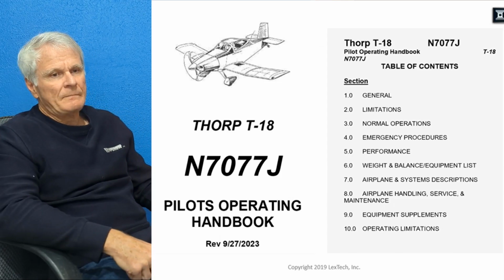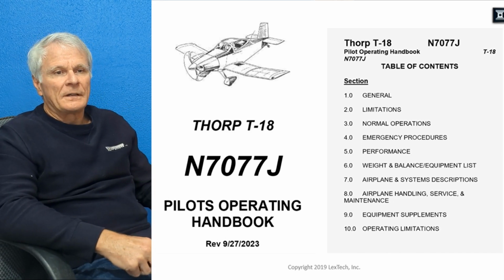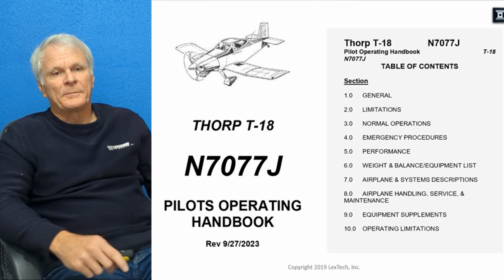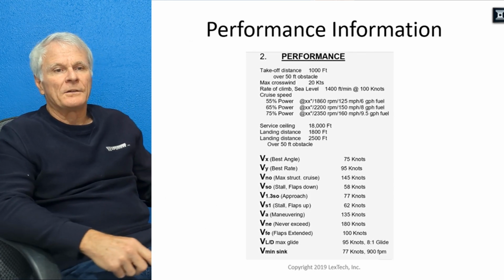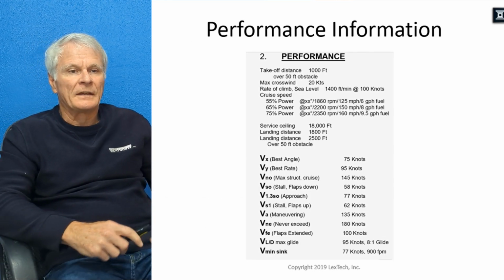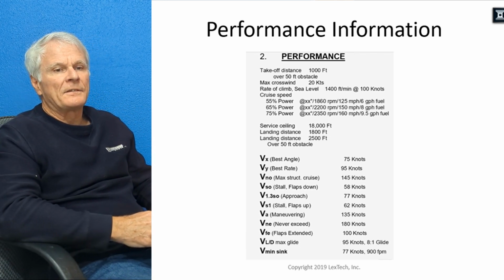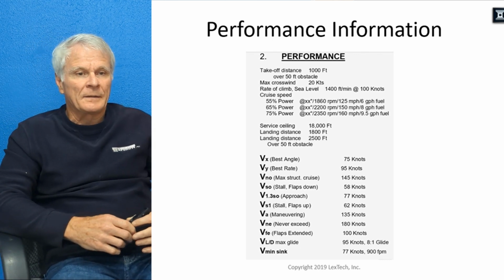Okay, so all airplanes have an operating handbook giving you all your limitations, your airspeeds, everything. So the summary here gives you the performance numbers. The VX is the steepest angle of climb, the VY the best rate of climb, and so forth.